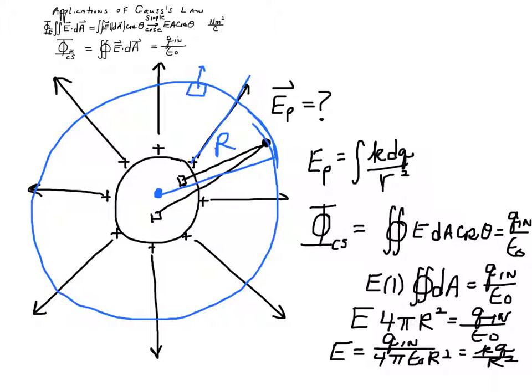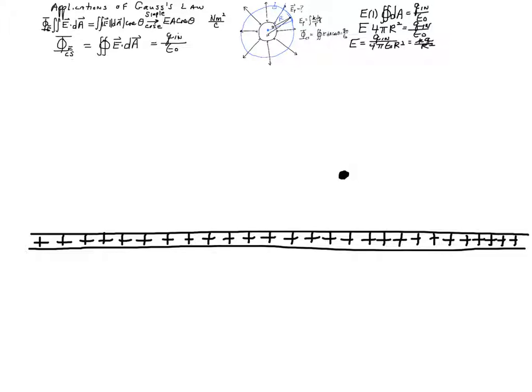Okay, application 2. We have a long line of thin charge, uniformly distributed. We're assuming it's long, infinitely long, or long compared to the distance to the point P, where we want to find the field.